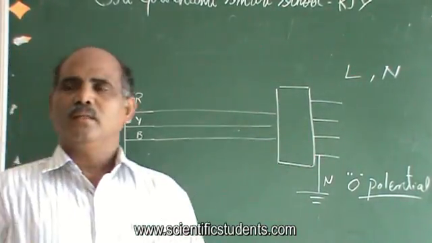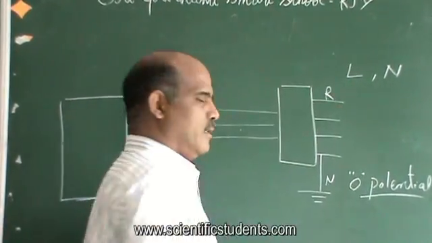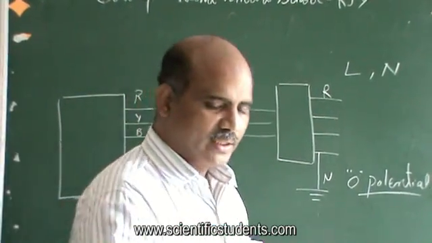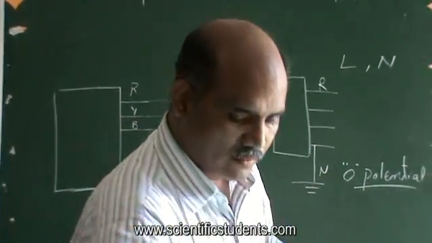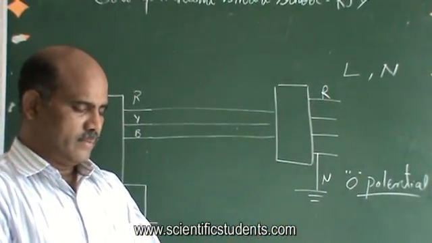So if I say R phase is 230 volts, suppose, that means you are measuring the voltage with respect to the neutral.